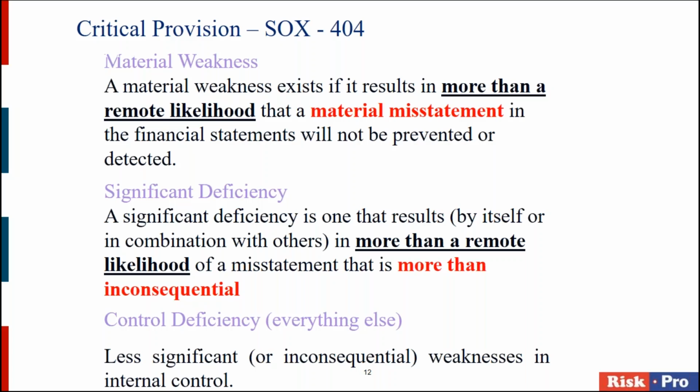And the second part is significant deficiency. What is a significant deficiency? It is one that results in more than a remote likelihood of misstatement that is more than inconsequential.